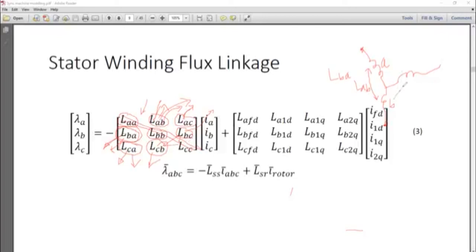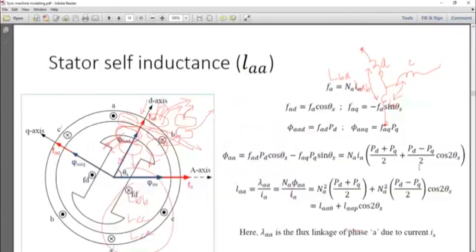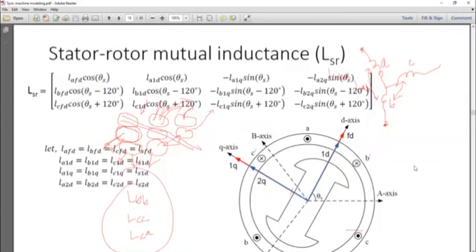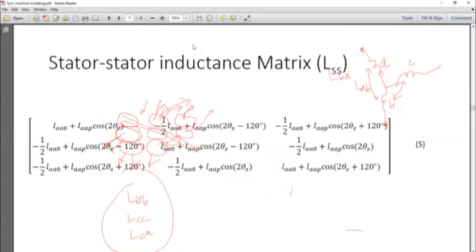LCB means this one, so this is coil C. So you have to calculate LBB, LCC, and LBC. I have shown you 3. Your job is to calculate the remaining 3. That is assignment number 1.